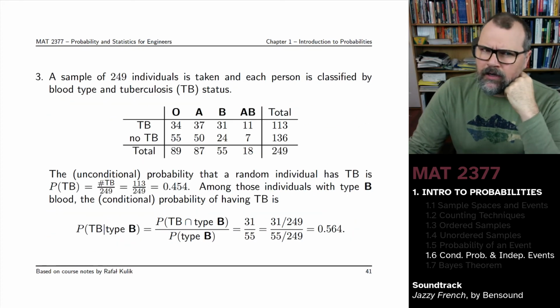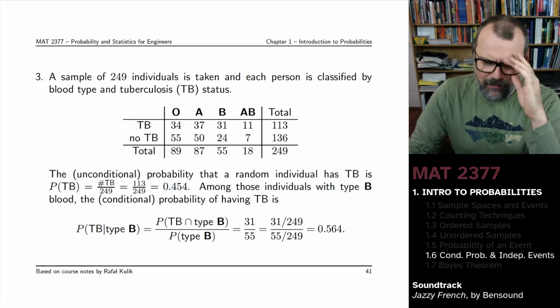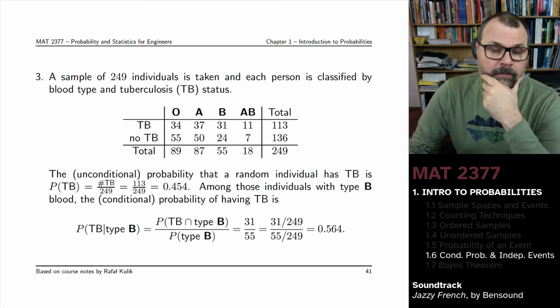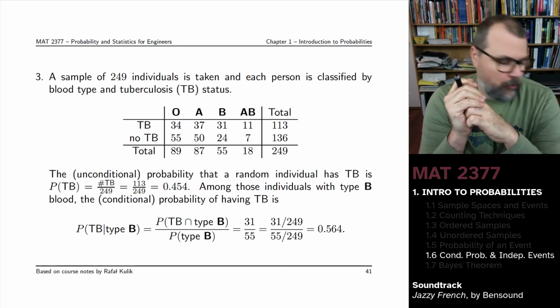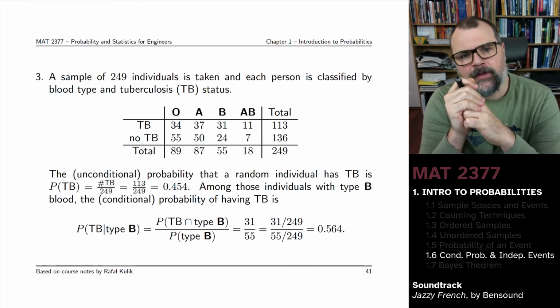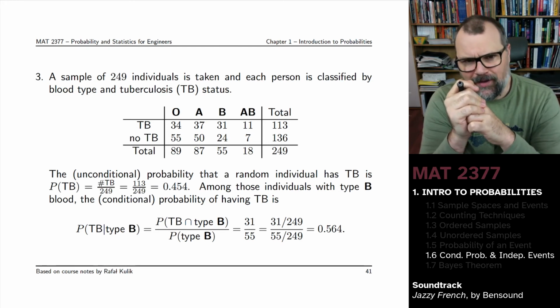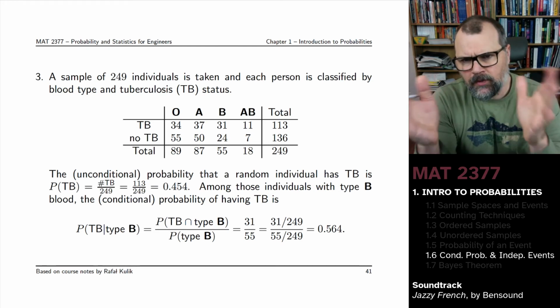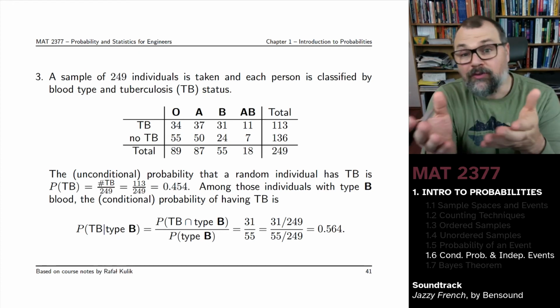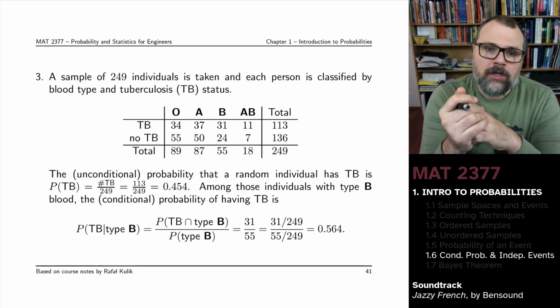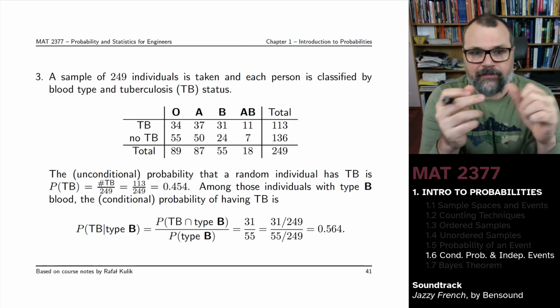Let's take a look at another example. Here we have a sample of about 250 people, and for each of these people we will test whether they have tuberculosis or not, TB, and we'll also test for their blood type. So we can subdivide the 249 individuals into 8 categories.